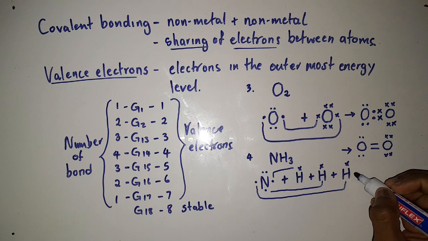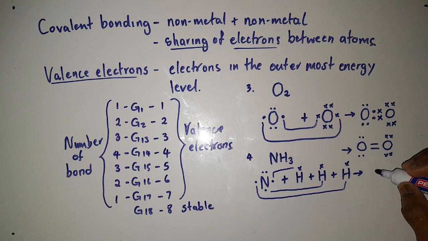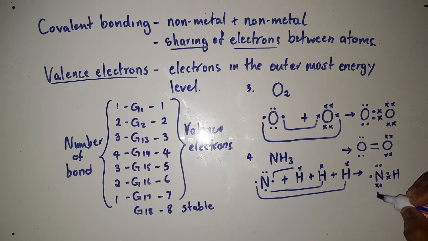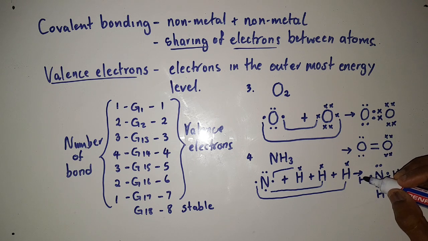At the end of the day, I'm going to get a situation which is like this. Sorry, I don't have much space. I'm going to get a situation which is like this. You see, I have 3 of this. Then I'm going to put X for this H. Same here, X for this H. Same X here for the last H.